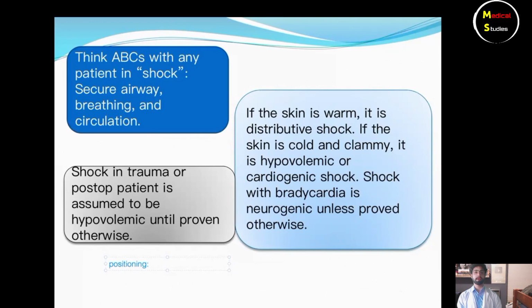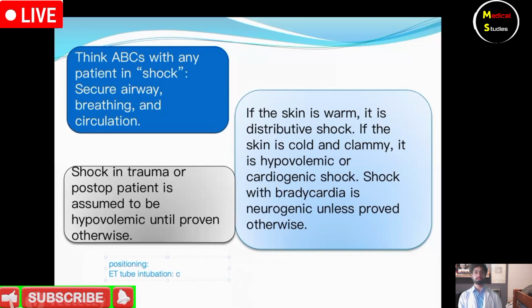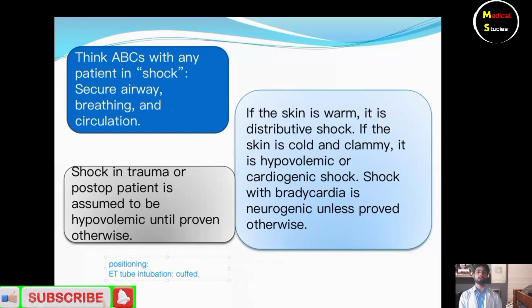And after the positioning, ET tube. What is the full form of ET tube? Can anyone answer it? Next is ET tube intubation. This tracheal intubation should be done if a patient cannot protect his or her airway, especially in a comatose case. There are two types of ET tubes.